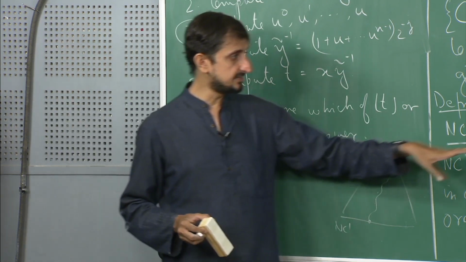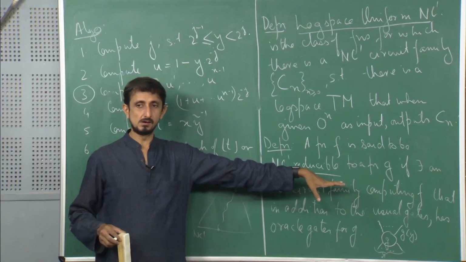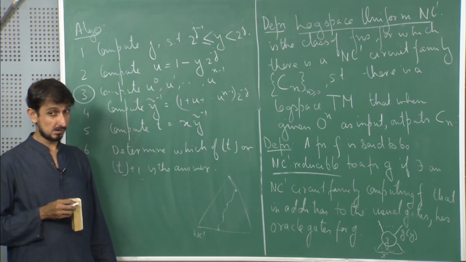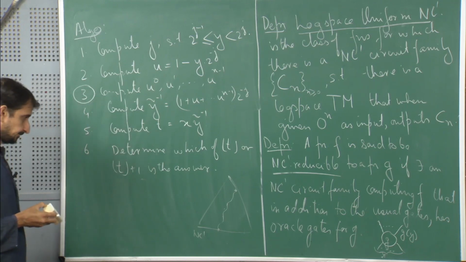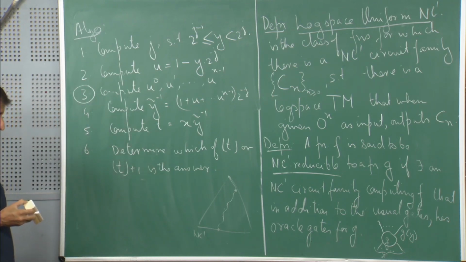Each G gate is NC1. Yeah, apparently the total depth will be log square n, but I don't remember right now.